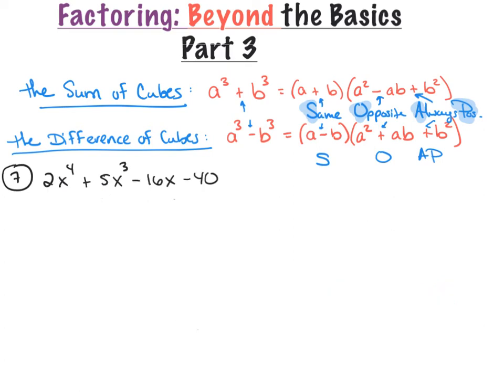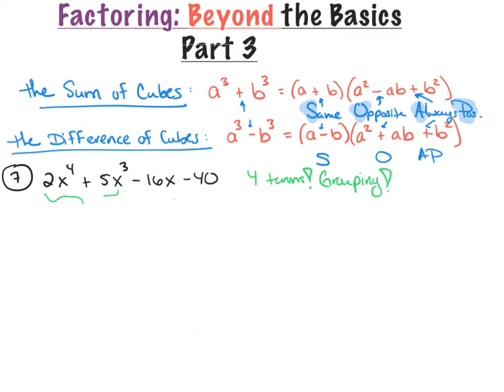For our last example, let's factor 2x to the 4th plus 5x to the 3rd minus 16x minus 40. Okay, one very important thing I want you to notice about this is that there are 4 terms. And whenever there's 4 terms, we're going to use grouping.